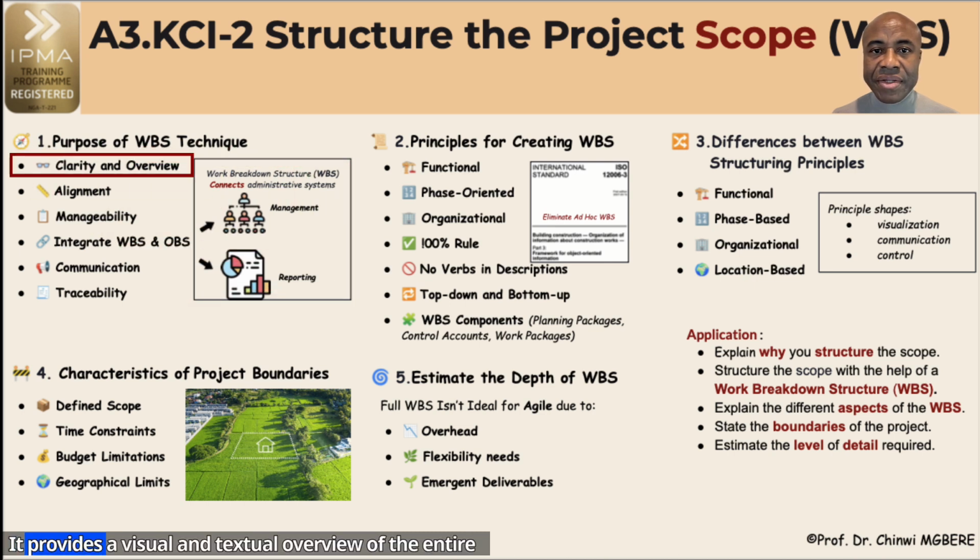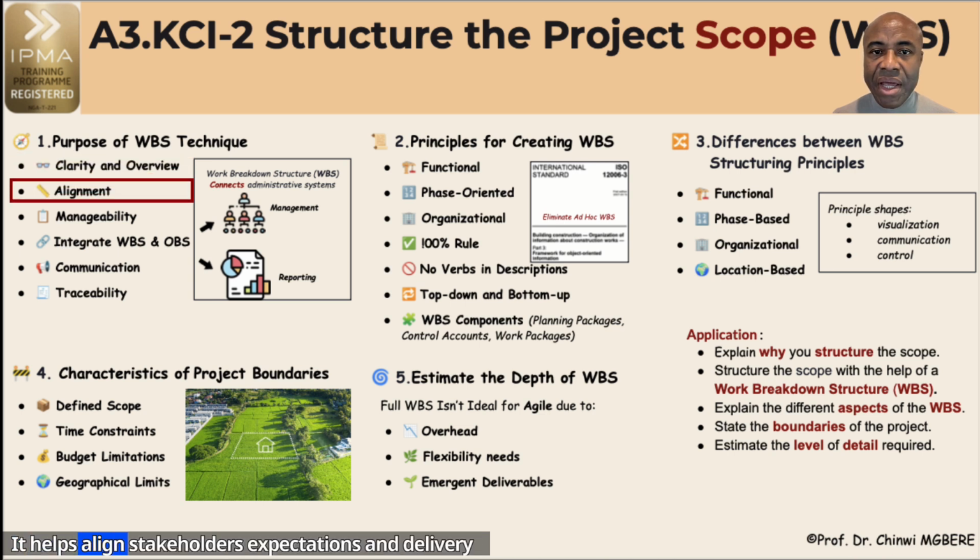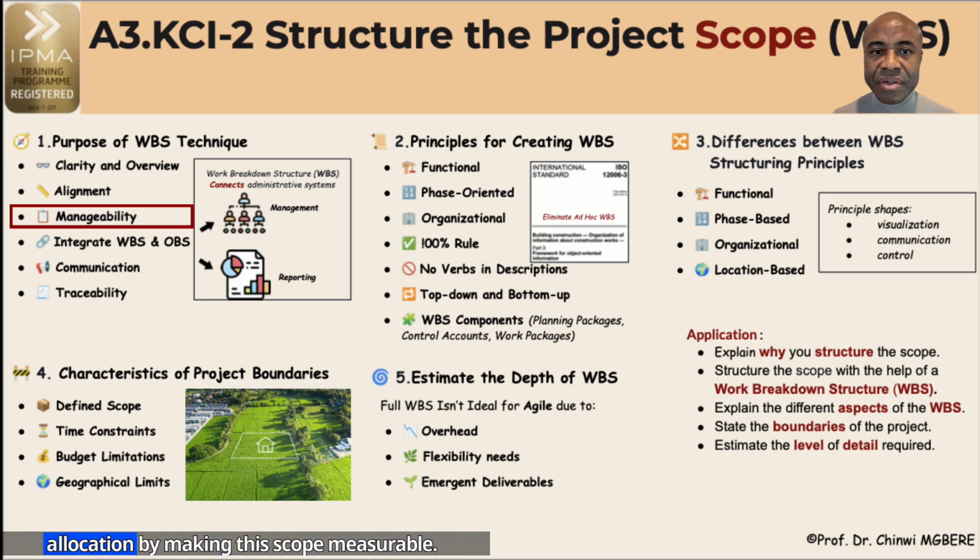It provides a visual and textual overview of the entire project scope. It helps align stakeholder expectations and delivery responsibilities. It simplifies scheduling, budgeting, and resource allocation by making the scope measurable.